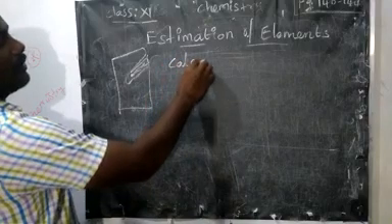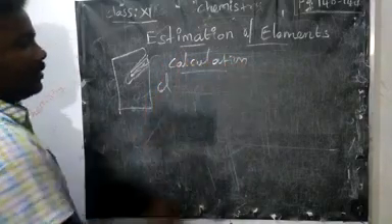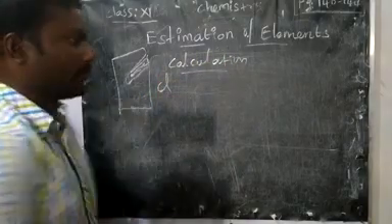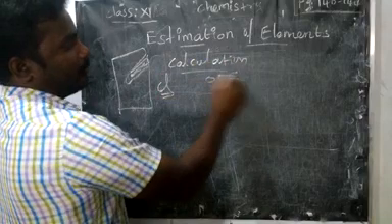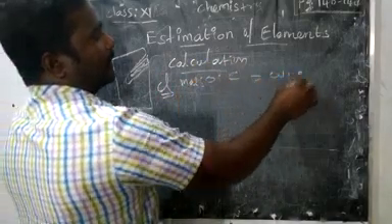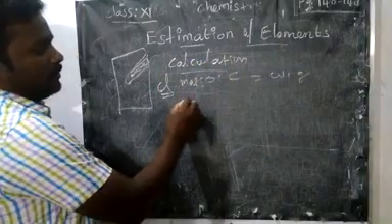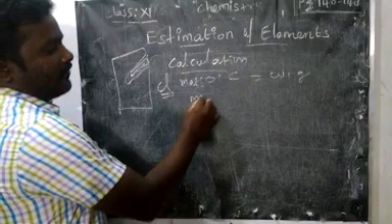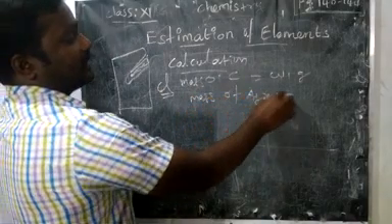So what is the calculation first? Shall we go with chlorine? Yes. For chlorine, how do you find it? The mass of the organic compound, W1 gram, as usual we will write. Next, the mass of AgX, silver chloride.